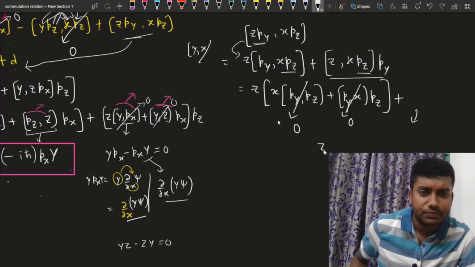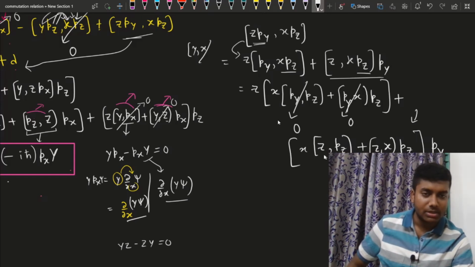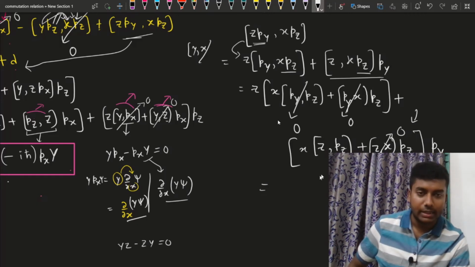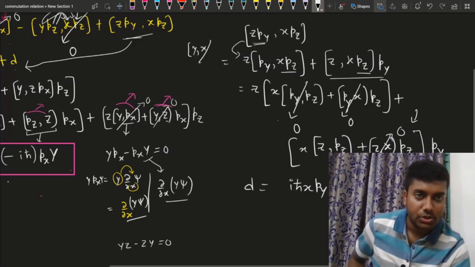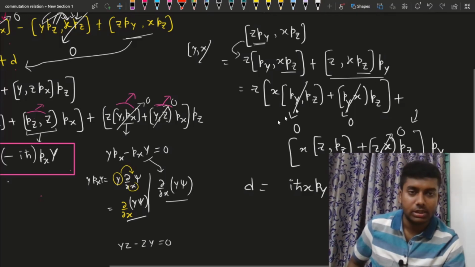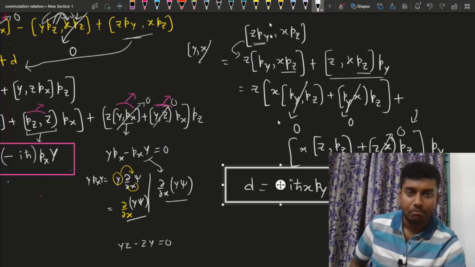Now z comma x will be outside. This term is equal to iħ, and this term will vanish. So at last we will get iħ x and py. So this is the value of d. So this is our value of d, and I am just boxing it.